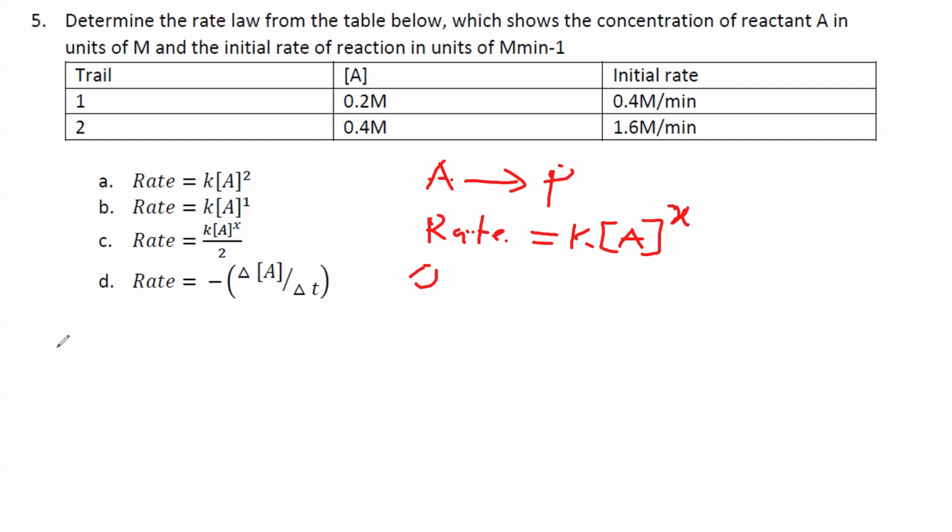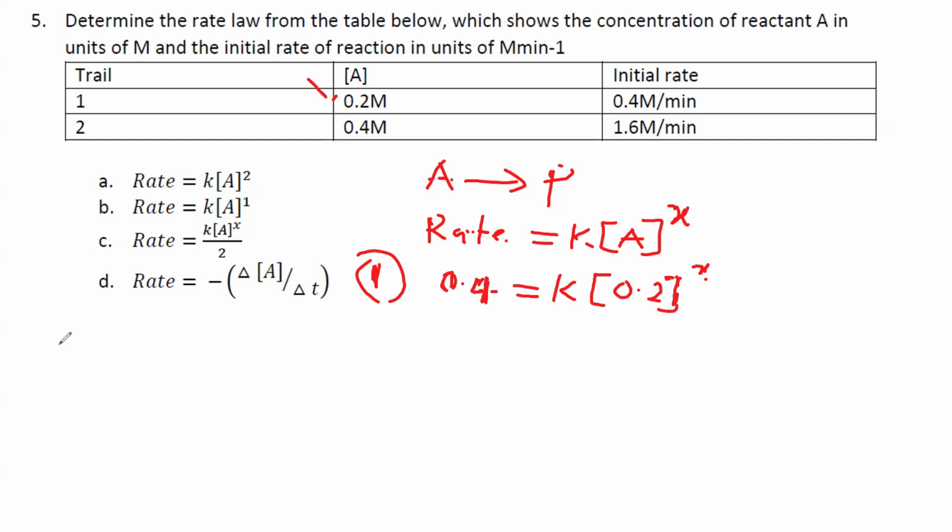For the first experiment, the concentration is 0.2 and the rate is 0.4. So the initial rate 0.4 is equal to k, which is unknown, into the concentration of A in the first experiment, 0.2, in brackets, to the power x.